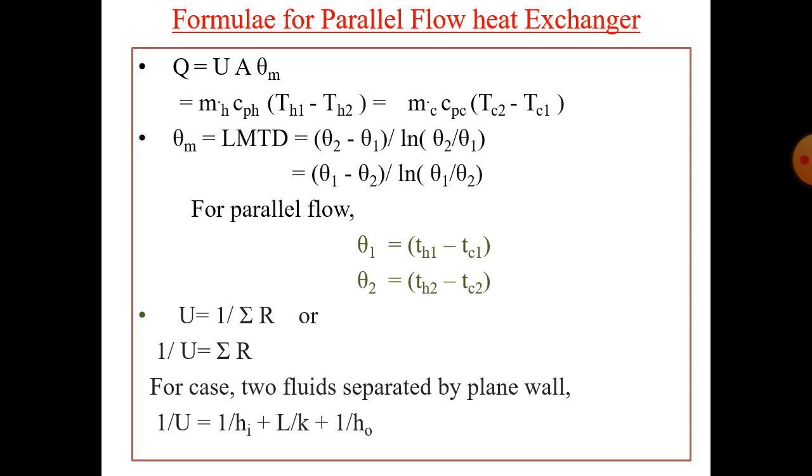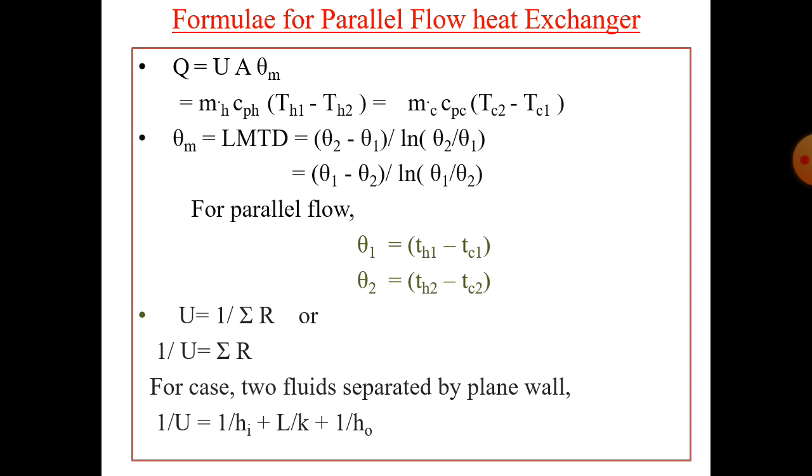So the summation of thermal resistance can be written as 1 upon Hi plus L upon K plus 1 upon Ho, where Hi is the heat transfer coefficient for one fluid and Ho is the heat transfer coefficient for the other fluid, and L upon K is the conduction resistance.